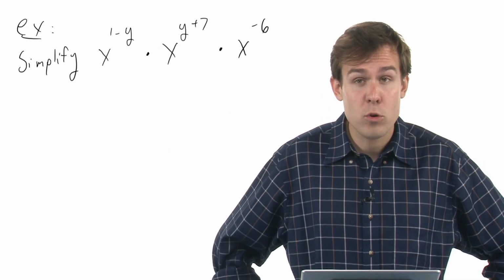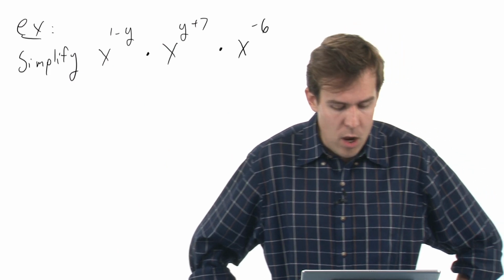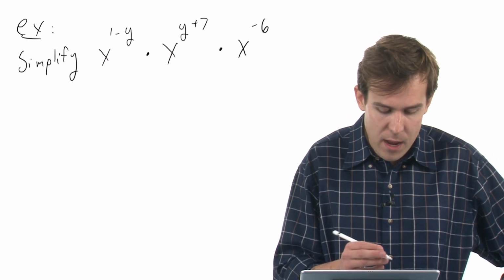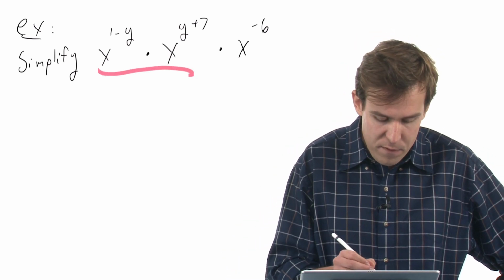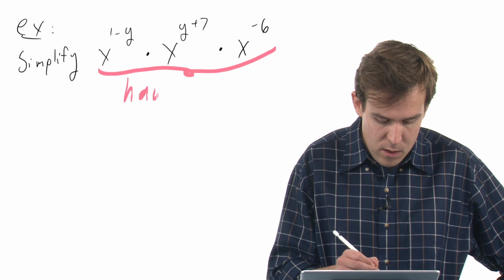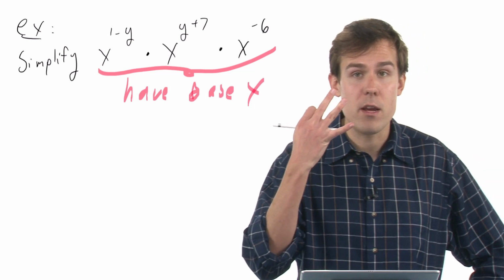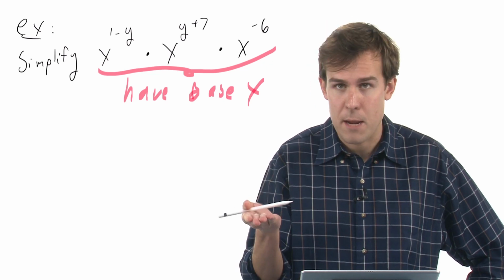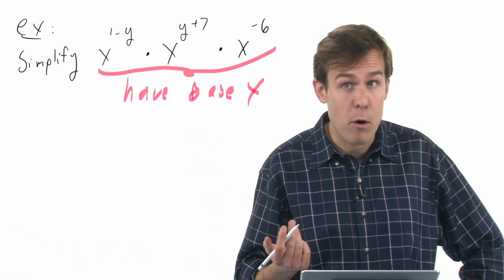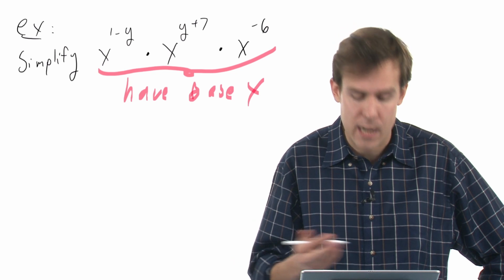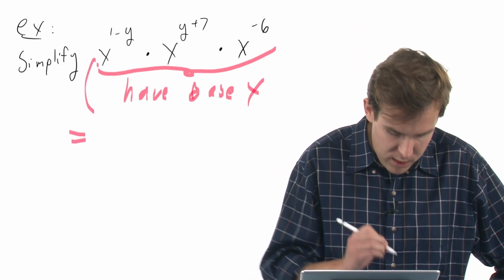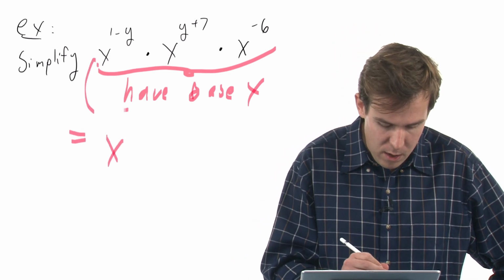All right, so here's another more abstract looking one, and we'll try to play the same game. In this case, just notice that all of these have base x. So I have 3 exponentials, all with the same base. Just add the exponents. Now I'm adding 3 things together. So this is equal to x, and what's the new exponent?